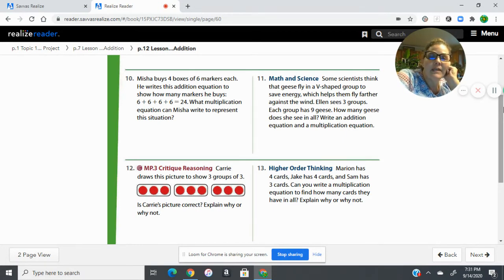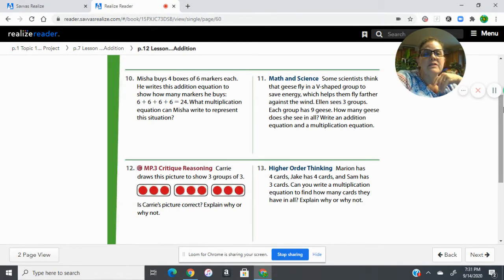All right, number 11. Some scientists think that geese fly in a V-shaped group to save energy, which helps them fly farther against the wind. Ellen sees 3 groups. Each group has 9 geese. How many geese does she see in all?